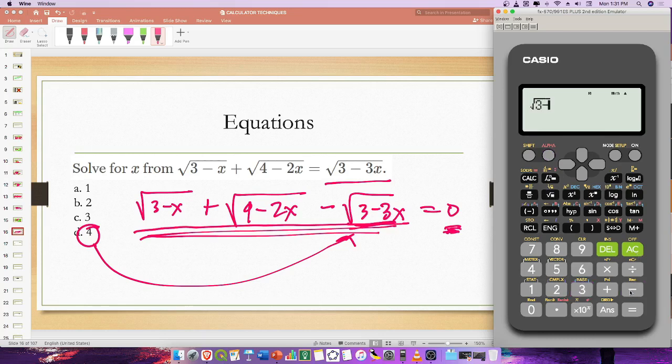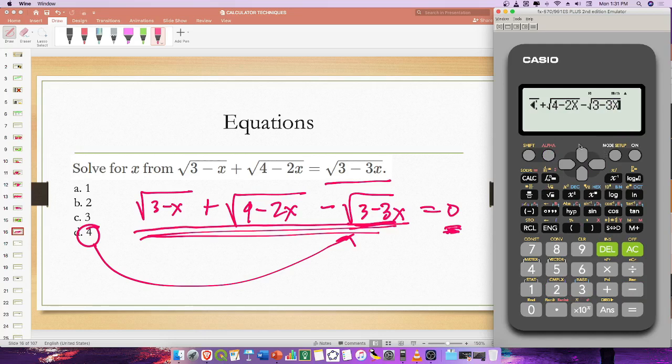So square root of 3 minus x, take note, plus square root of 4 minus 2x, minus square root of 3 minus 3 times x. I will be using my mouse so that you will see my input.